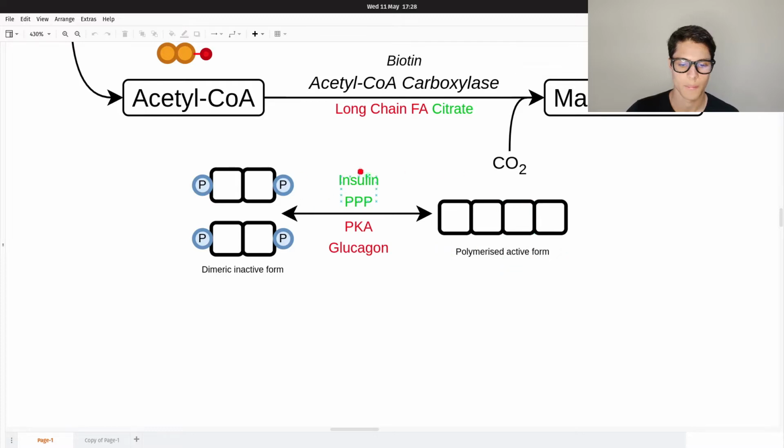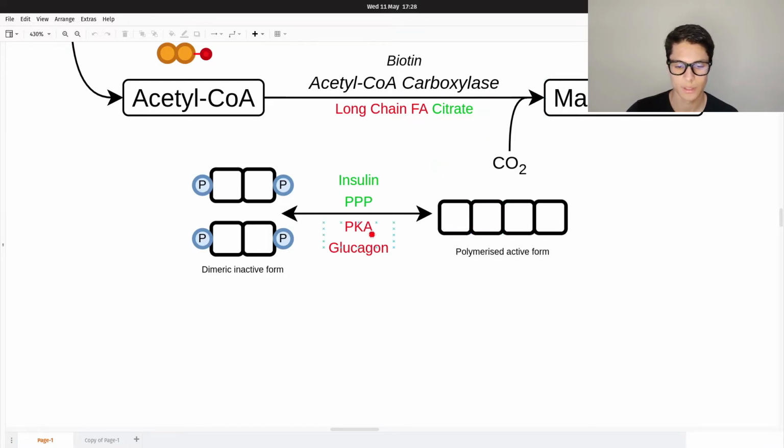So here, insulin stimulates phosphoprotein phosphatases, and phosphoprotein phosphatases remove the phosphates from the dimeric form and create the polymerized active form. So insulin is stimulating this process to happen. Insulin is indeed stimulating fatty acid synthesis.